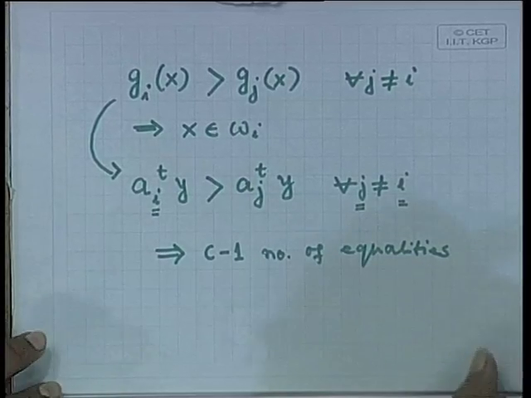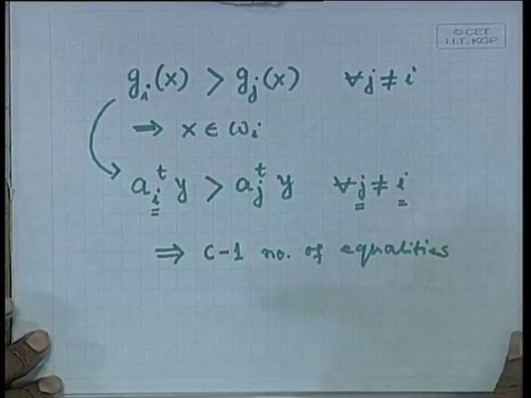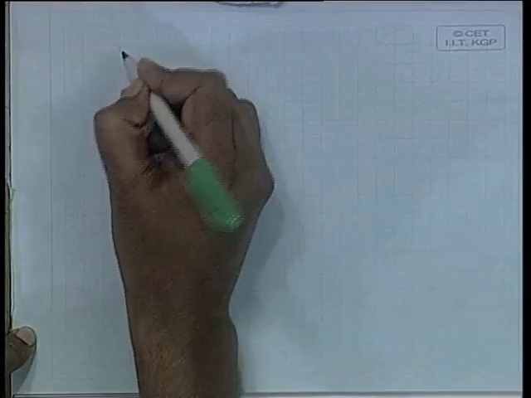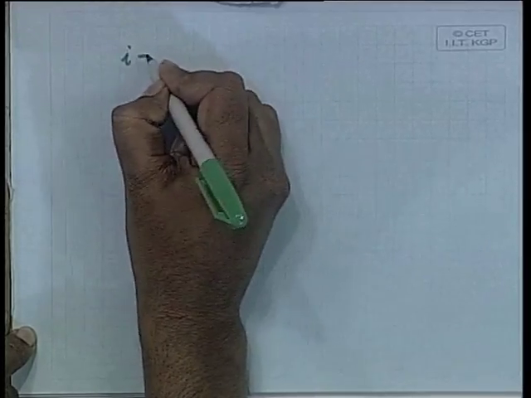So, whether it is possible to have a unified approach to take care of these C minus 1 inequalities simultaneously and give me C weight vectors A 1, A 2, A 3, A 4 up to A c. Let us take a specific case that i is equal to 1.